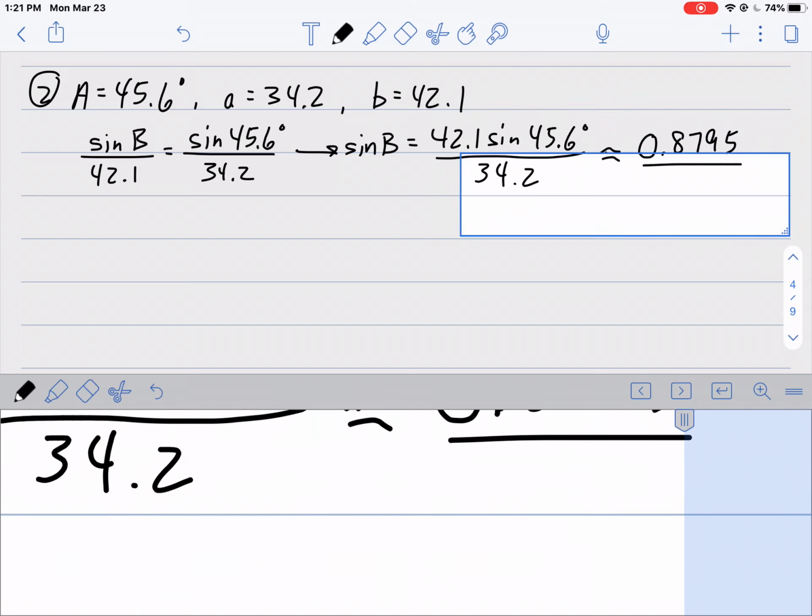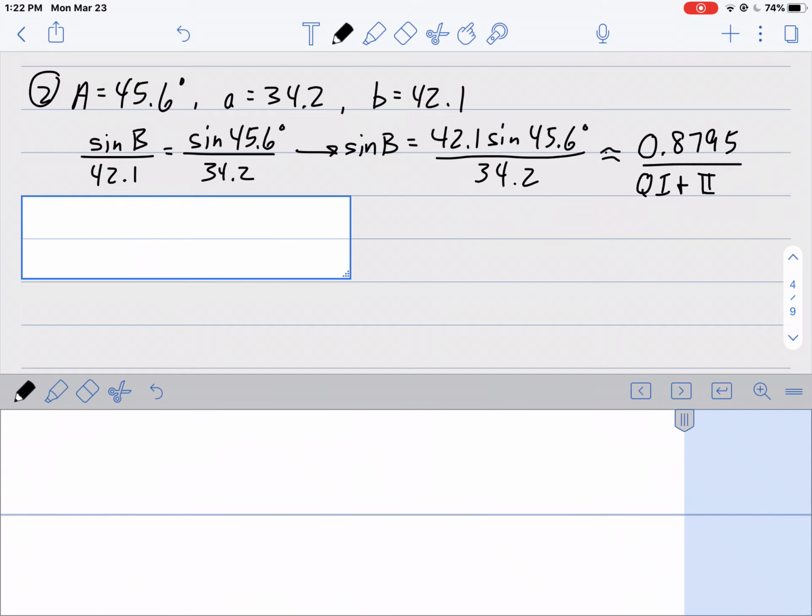And even though with triangles, we're restricted on the interval from 0 to 180, because the measures of the angles of a triangle always add up to 180, even within that interval, we still have two angles with positive sine values. I mean, there's quadrant 1 and quadrant 2 where sine is positive. And since this is a positive sine value, I've got two possible angles that have that function value. All right?